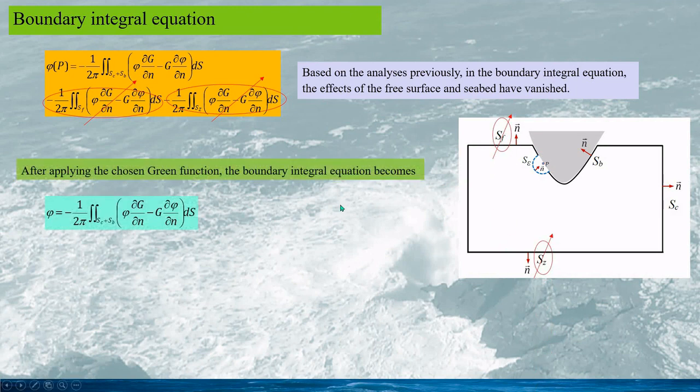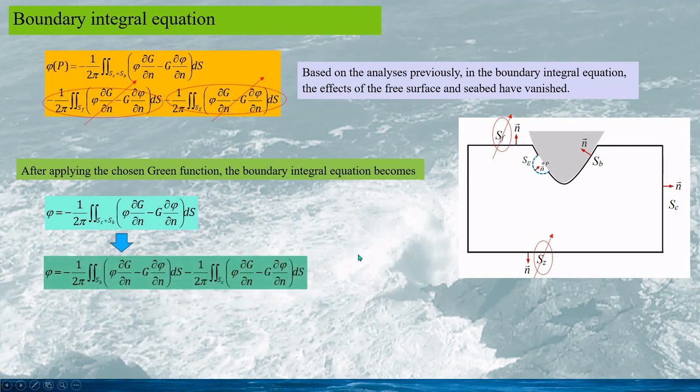Thus, the boundary integral equation for the wave structure interaction problem becomes this. We achieve this because we choose the special Green function. If we separate the integration based on the surface, we have this equation. So this boundary integral equation is correct for any potential function phi.